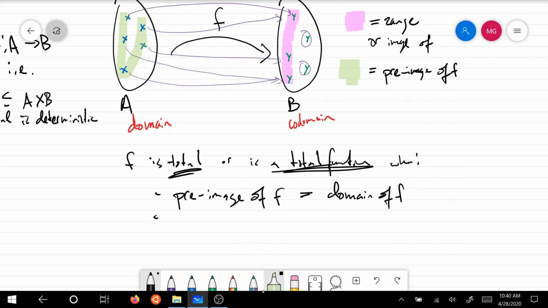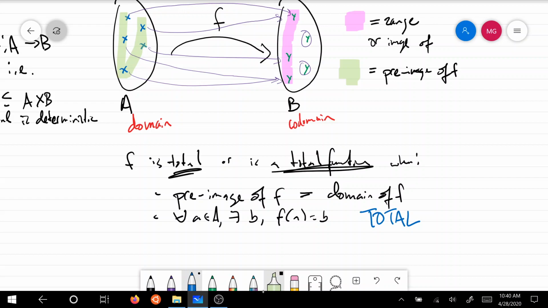Another way to say this, more formally, is for all a in A, there exists a b, f of a equals b. That's the property of a functional relation to say that it's total.